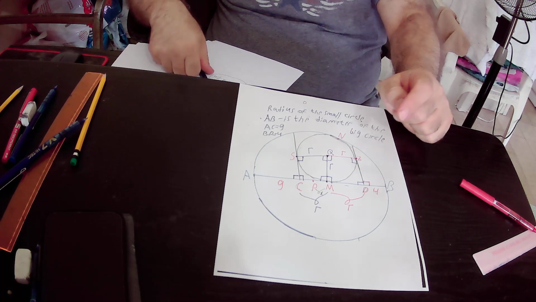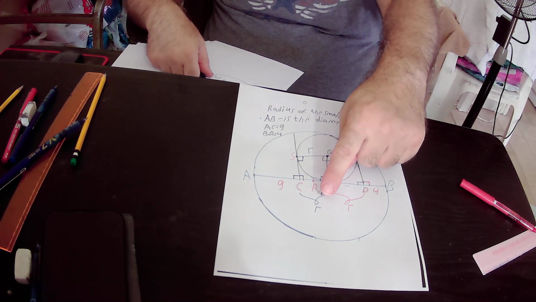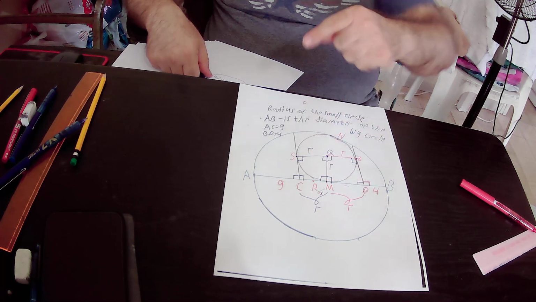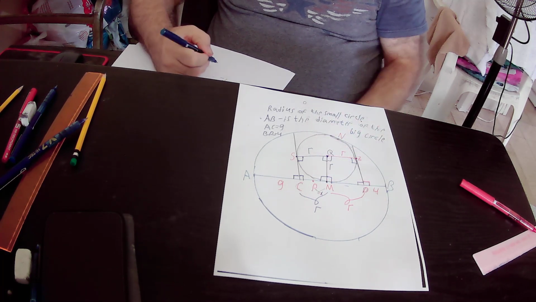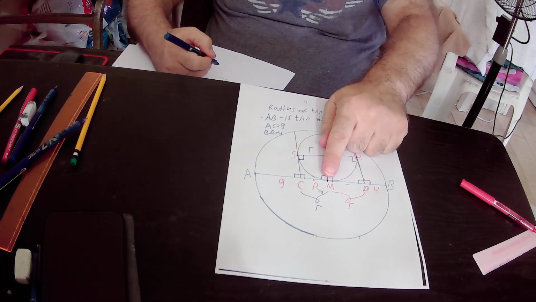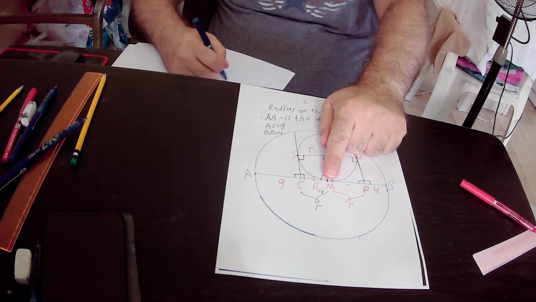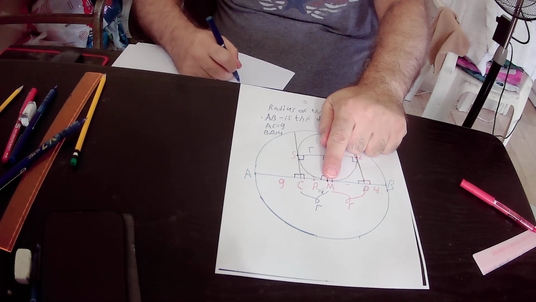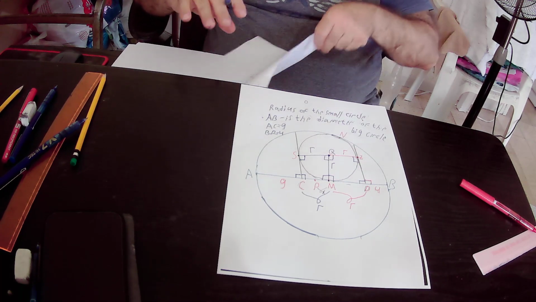Very simple. But what is the value of CM? CM equals r. And what is the value of PM? PM equals X according to our definition. So CP will be equal to r minus X.